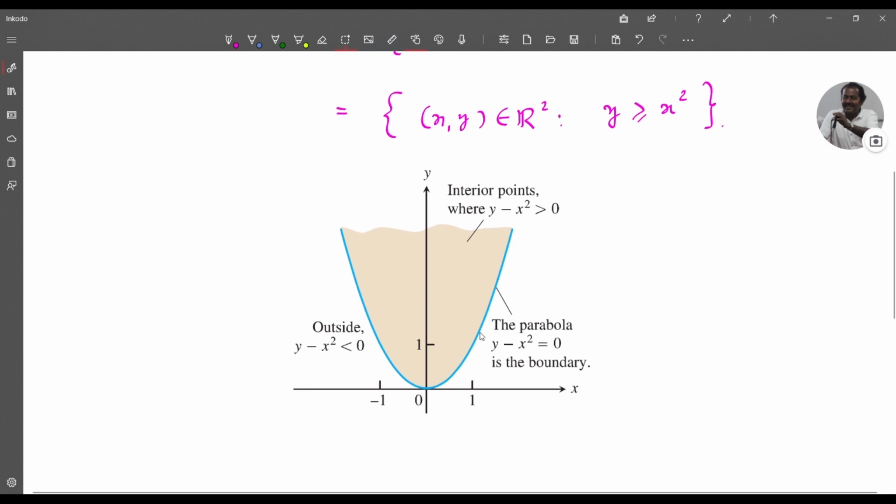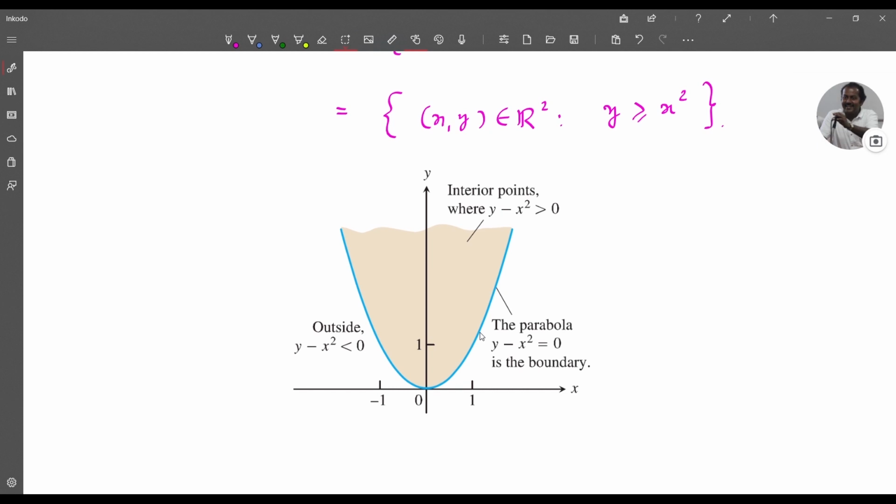So the domain is the set of all points in the xy plane such that y ≥ x². You know that this is the parabola y = x². The region contains its boundary, so it is a closed region, and as we have discussed earlier, you cannot enclose this region inside a disk of fixed radius.